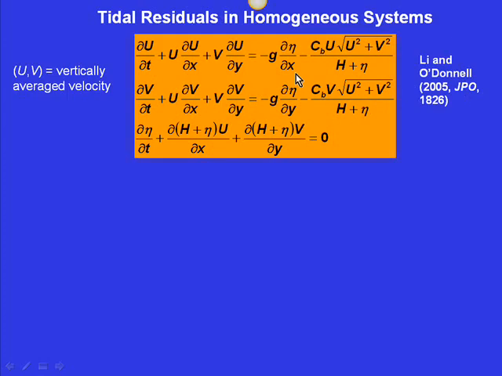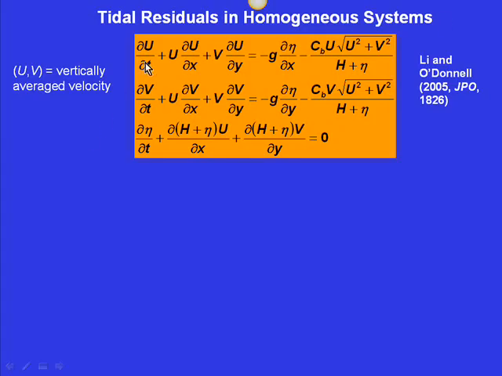They assume a momentum balance and continuity equation that look like that, where the capital U and V represent vertically averaged velocities. So in these results, we don't know anything about the vertical structure of the currents. We only know the horizontal variability and how bathymetry is going to affect the tidal currents. So for that framework, we use this approximation. So notice that we have, what do we have here?